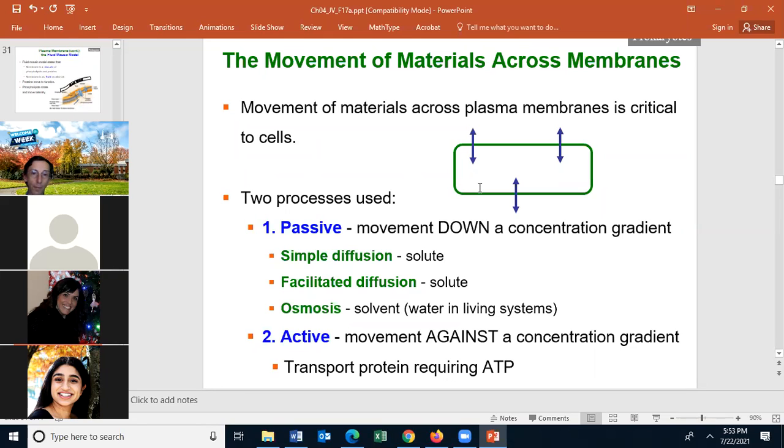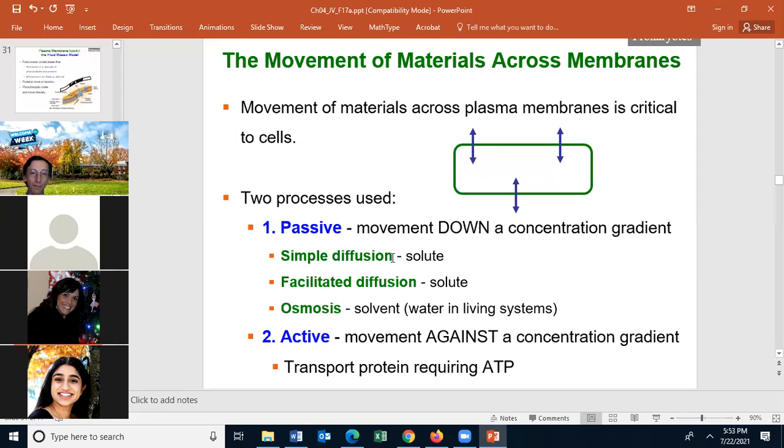Cells can move material across the plasma membrane in two different ways. There's passive, and that's where the movement occurs down a concentration gradient, meaning the material moves from an area of high concentration to an area of low concentration. This is passive. We'll talk exactly what we mean in a little bit.